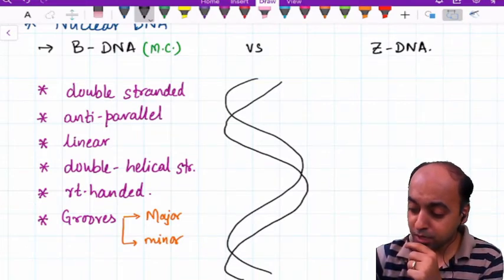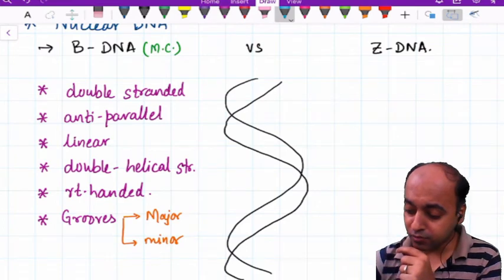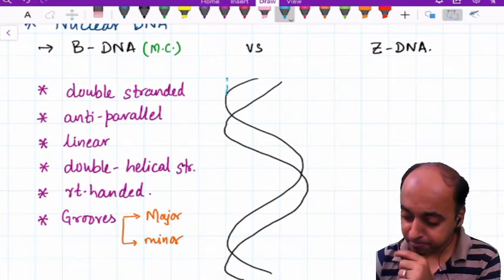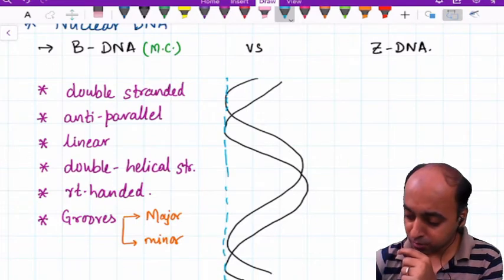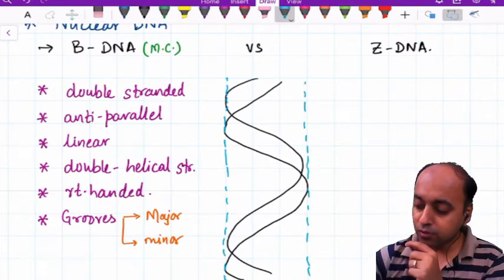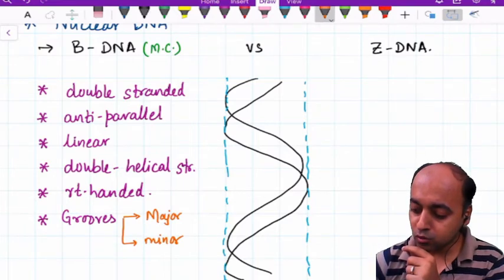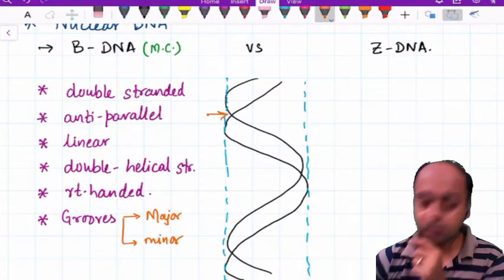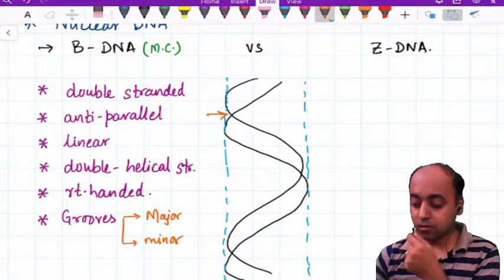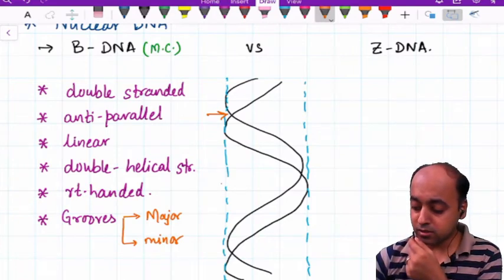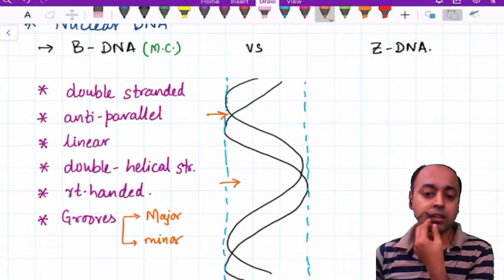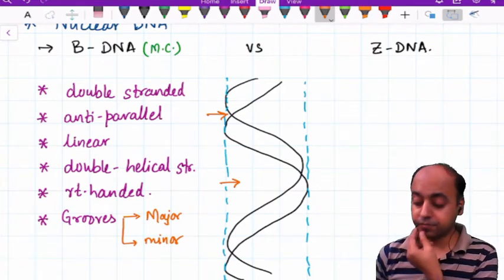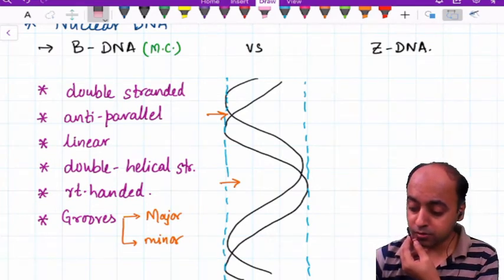Here you have to make note of a few things. First is the grooves. Minor groove, and then you have this major groove. Minor groove and the major groove. Right? First point.